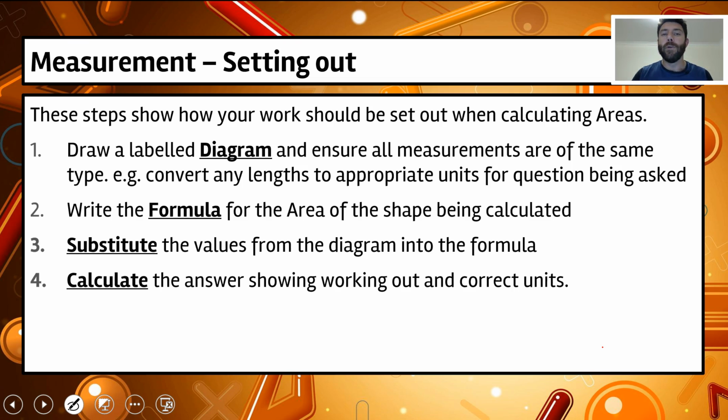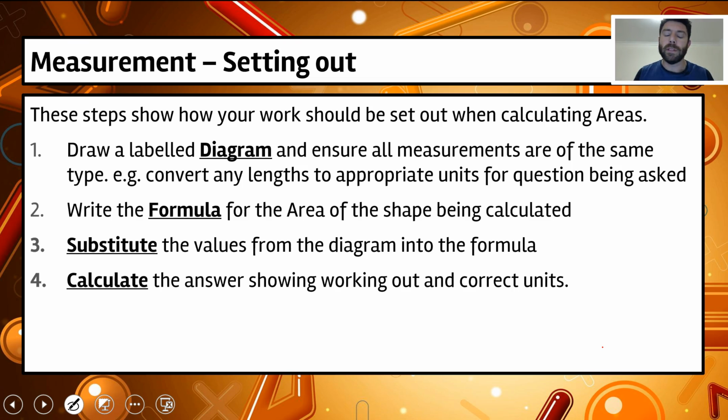Secondly, we're going to write the formula of the area of the shape that's being calculated, so we can use that as the base for our calculations. The third step, we're going to substitute the lengths from the diagram into the formula. And the last thing, we're going to calculate the answer, making sure we write the correct answer with the correct units as well.